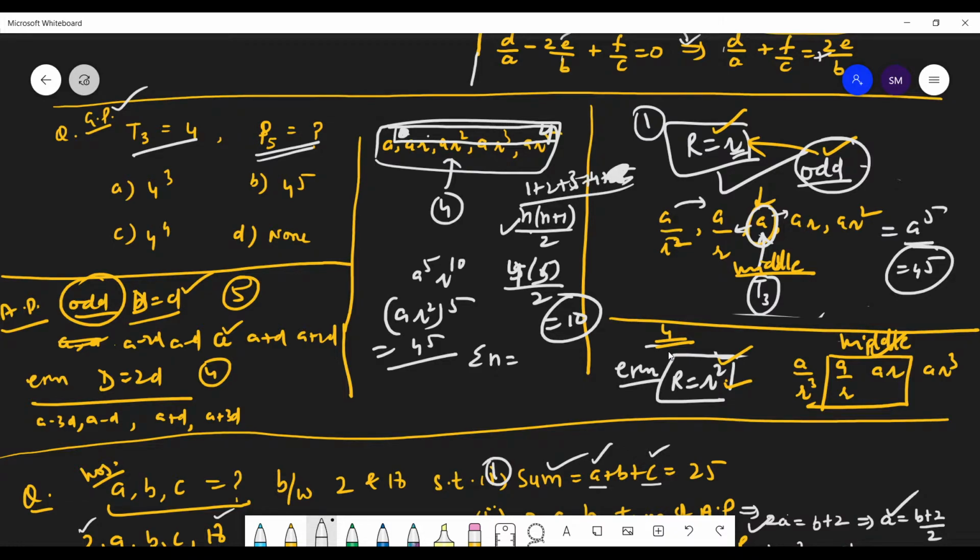If the GP exists, then how many progressions are possible? Okay, students?